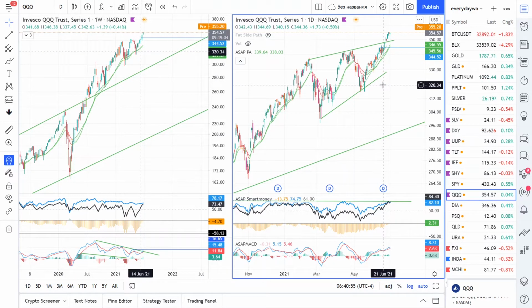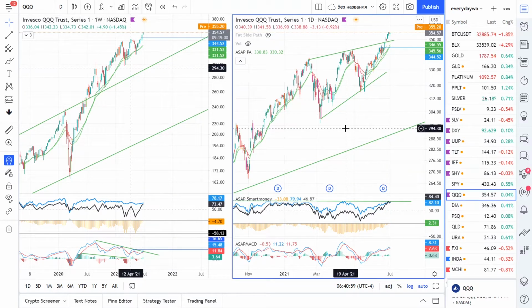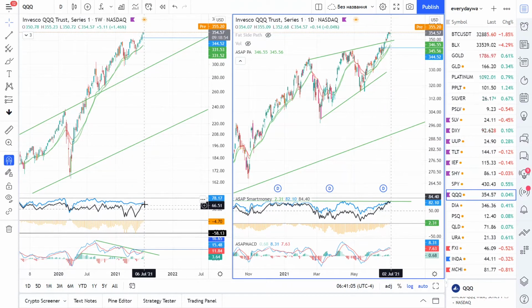But calling a top is very early, and I don't want to call a top in the triple Qs right now because we are approaching a zero delta on the weekly, on the daily as well, because we are breaking this divergence right here, and calling a top here is very dangerous.